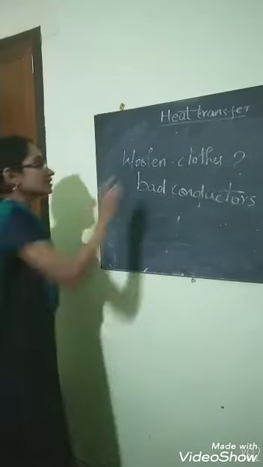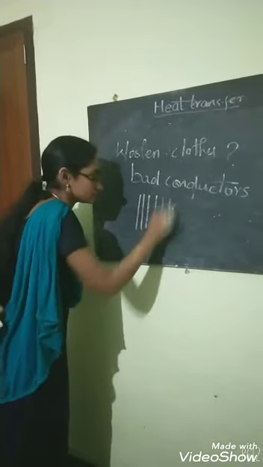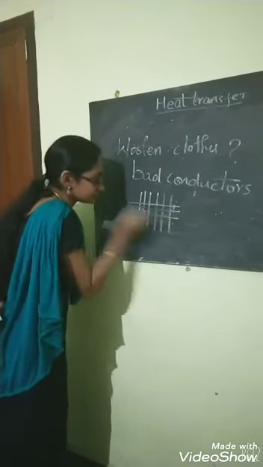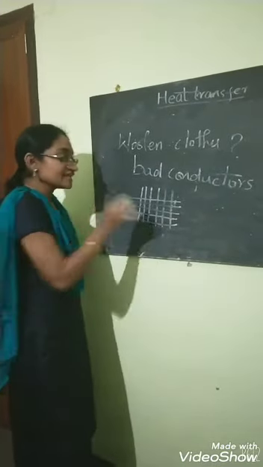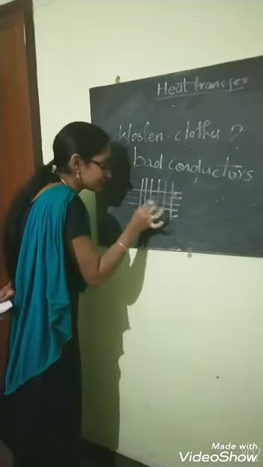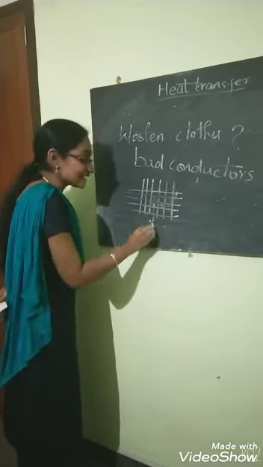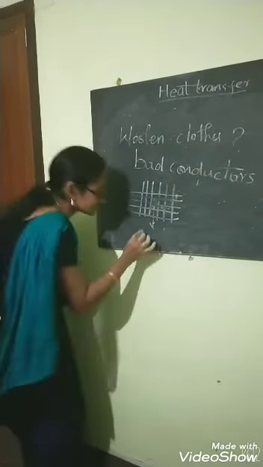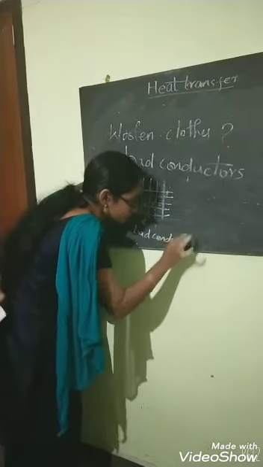That means these woolen clothes have so many threads and many openings, and these openings are filled with air. This air is a bad conductor of heat.